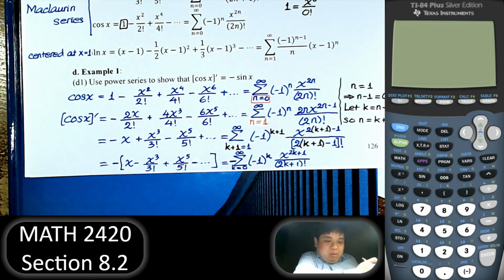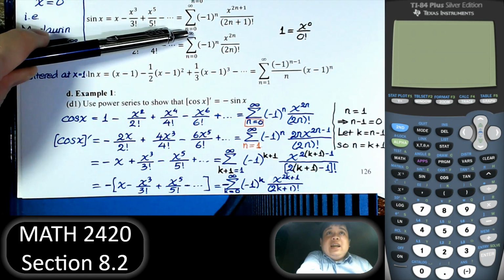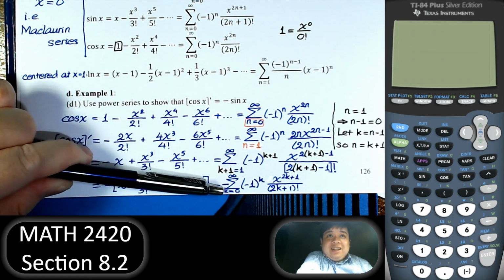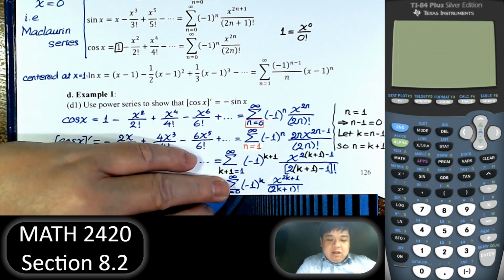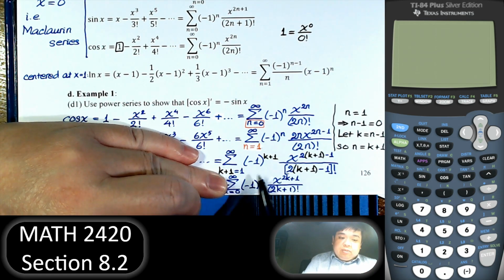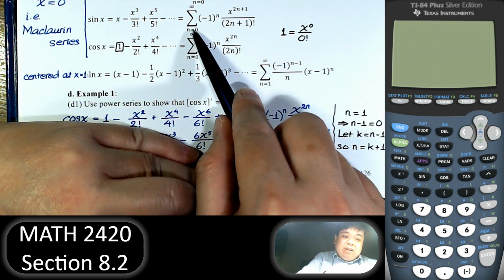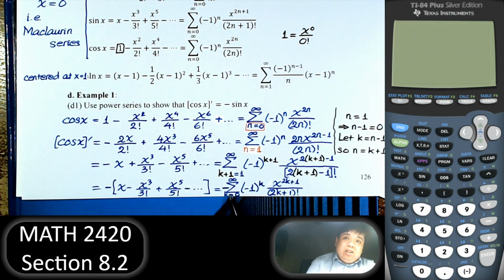Now, if you look at this series for sine, here, instead of n, we have k. That is exactly the same, except for the negative sign. This is the series for sine. When we shift the index so that this has k equal to 0, the series needs to start at 0.